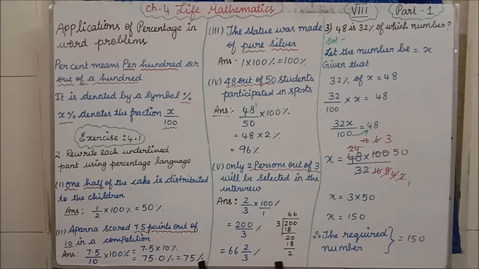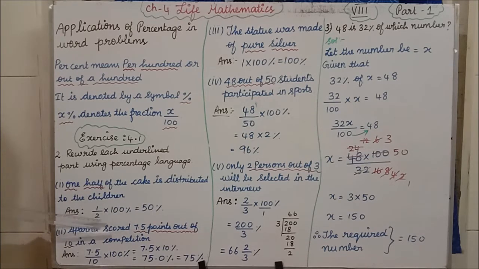Shall we see the first question? The underlined words are "one of": one of the cake is distributed to the children. What does "one of" mean? One by 2. We have to write it in percentage language. So 1 by 2 into 100 percentage.